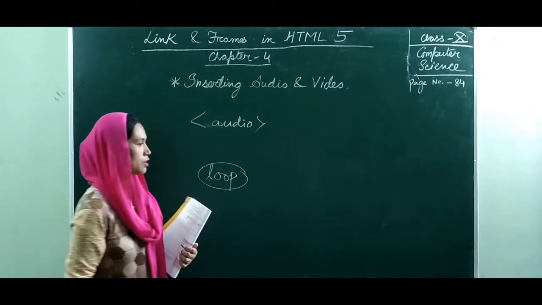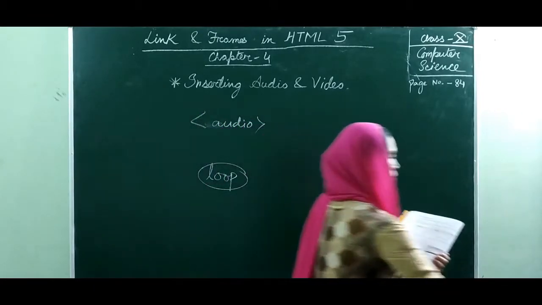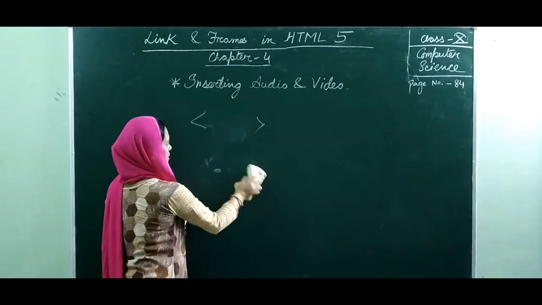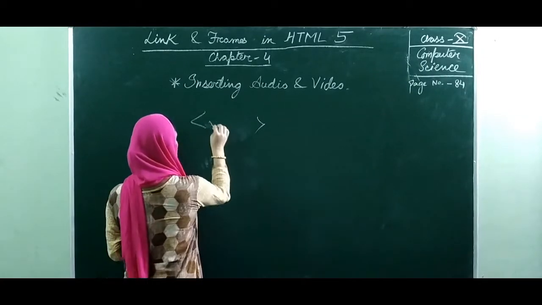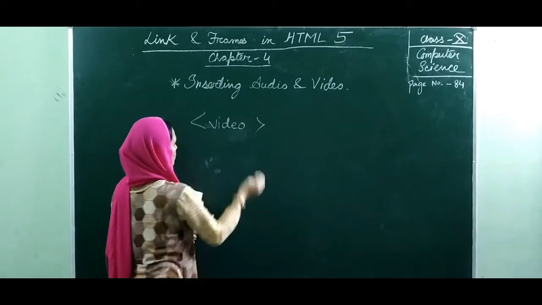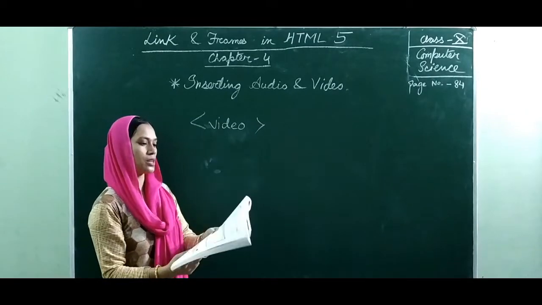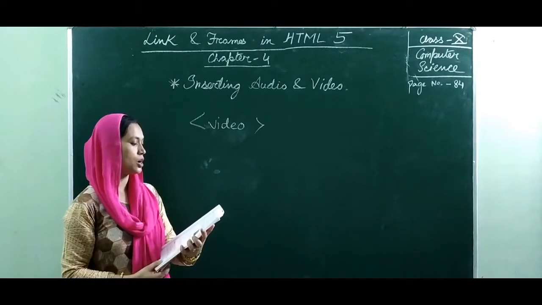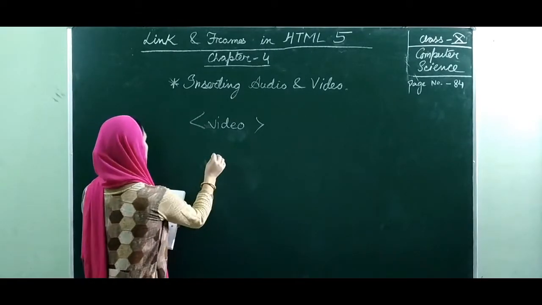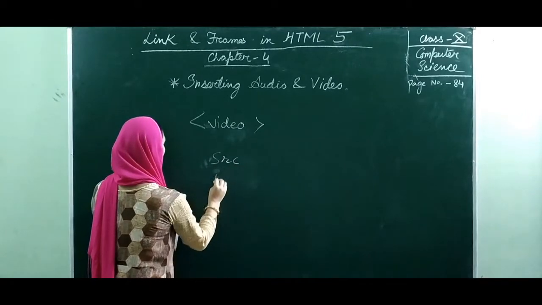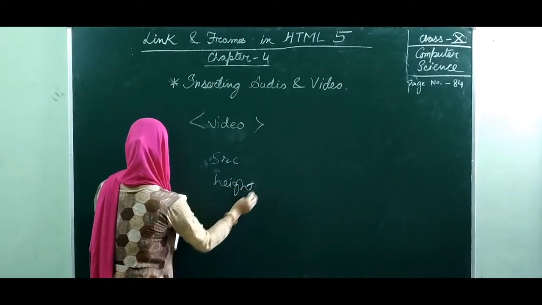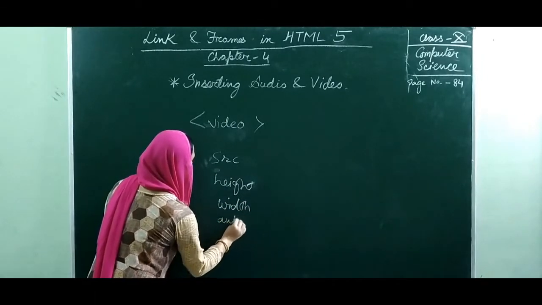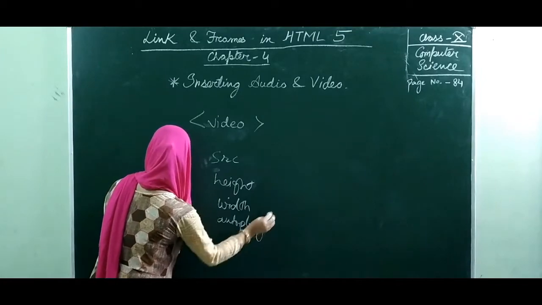Next, the video tag. With the help of the video tag, we insert video in the web page. The video tag also has some attributes. On page number 85, you can find the attributes of the video tag: SRC, height, width, autoplay, and controls.